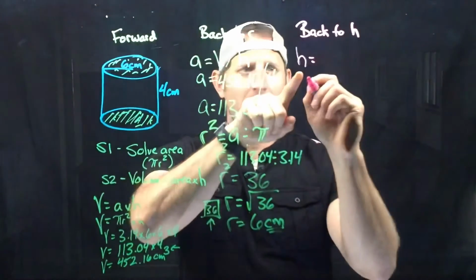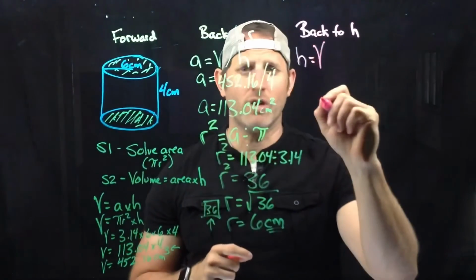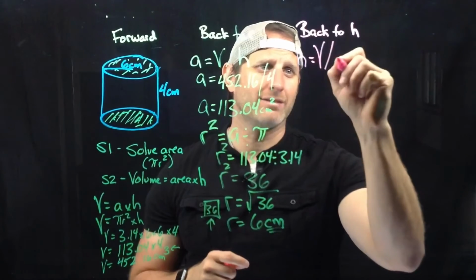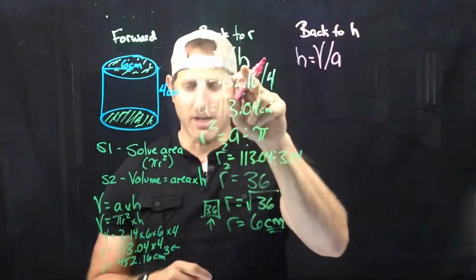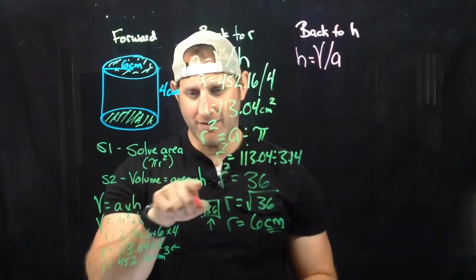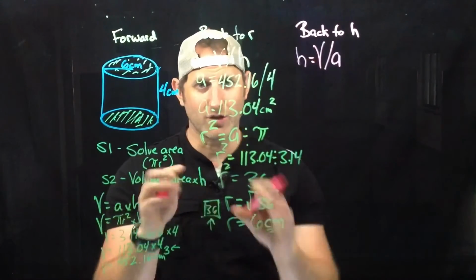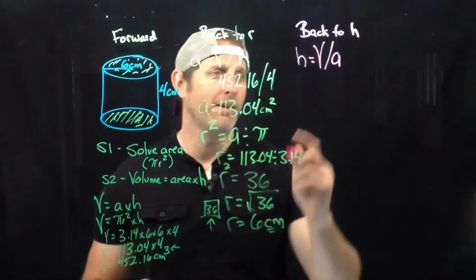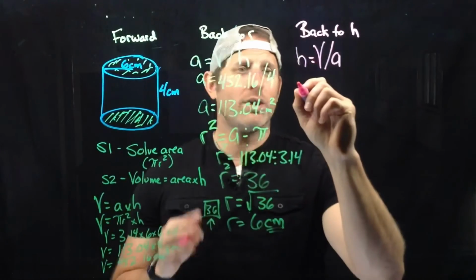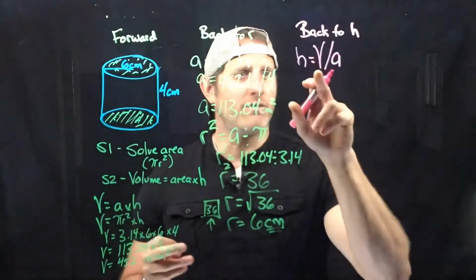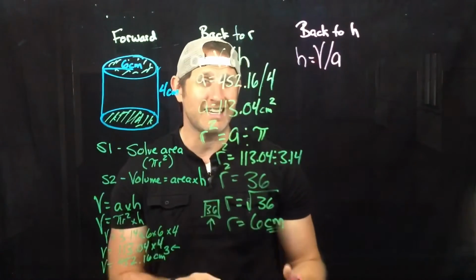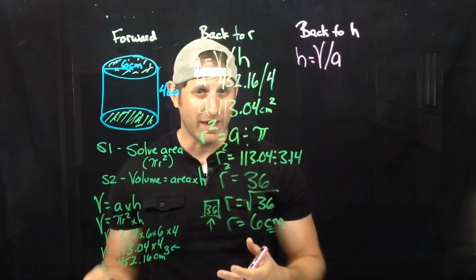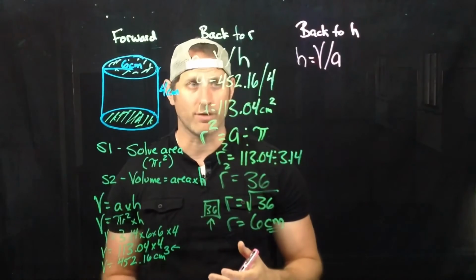We're going to determine height by dividing volume by area. AVH, AVH. And then we've got AVH right here. So you'll see that all of them are the same. Height is going to be determined by dividing volume by area, which means that if you haven't already seen it or solved the area, you're going to need to do that first.